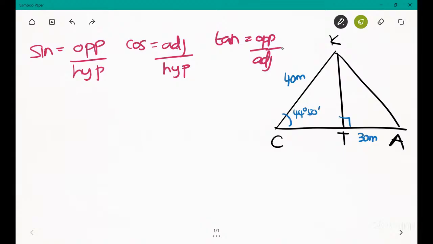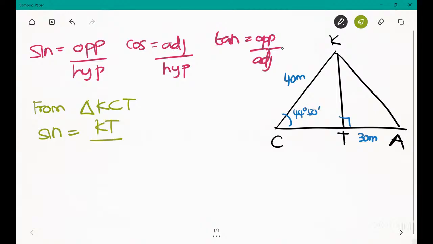So sine is equal to opposite over hypotenuse. So from the triangle KCT, sine is going to be equal to opposite, which is KT, over hypotenuse, which is KC. So now I'm going to substitute.